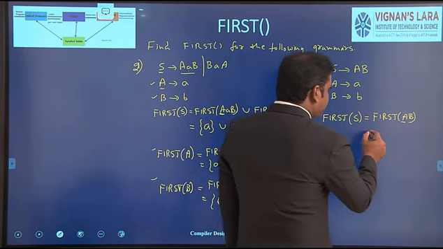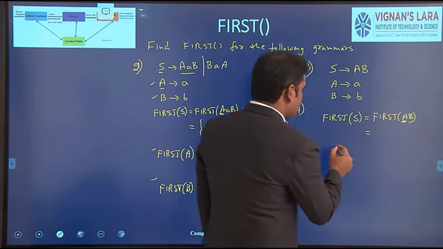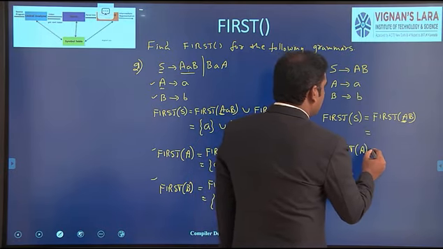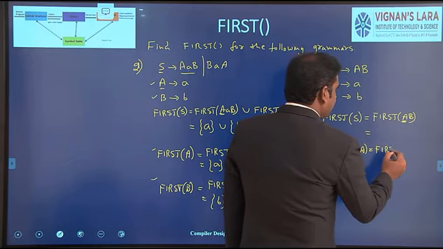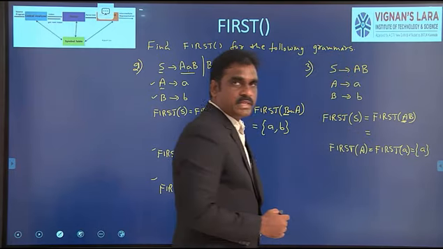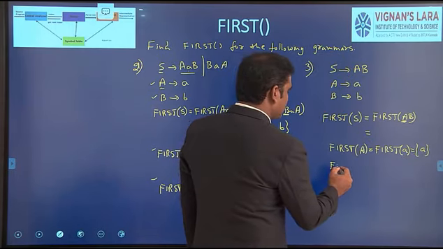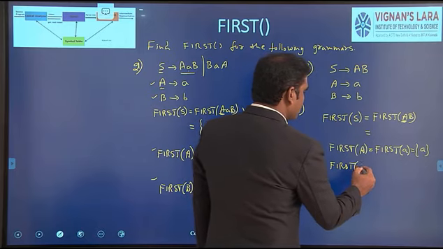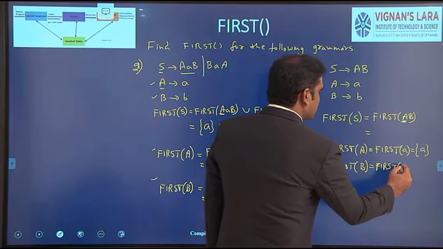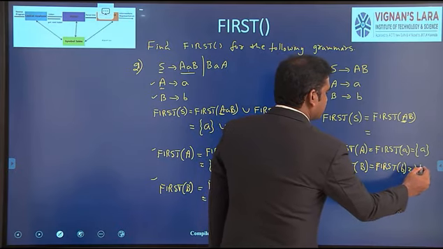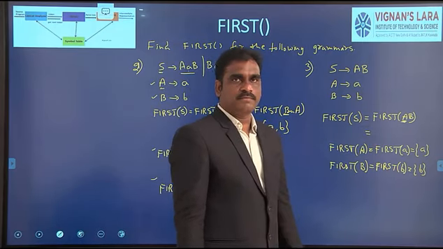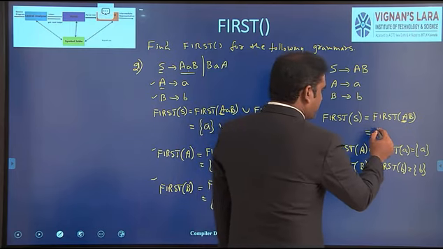In this case, what is first of A? First of A equals first of the terminal symbol, that is a only. In the same way, first of B equals b only. So first of A means a.